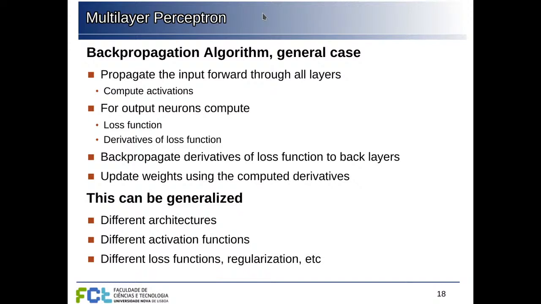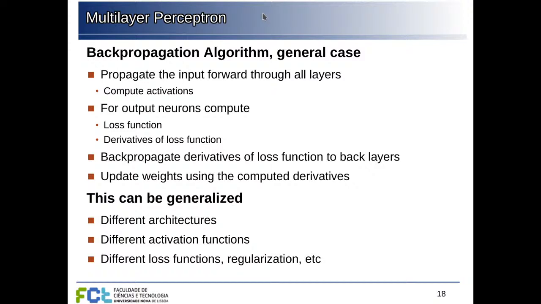So as you can see, as long as we have functions for which we know the derivative, we can generalize this for any kind of architecture that we want and adjust the parameters. We just need to propagate the input through all the layers. No matter how complex the architecture, we use the output of each neuron as the input of those that are connected to that one.